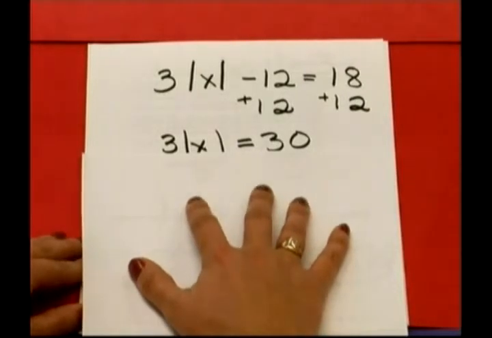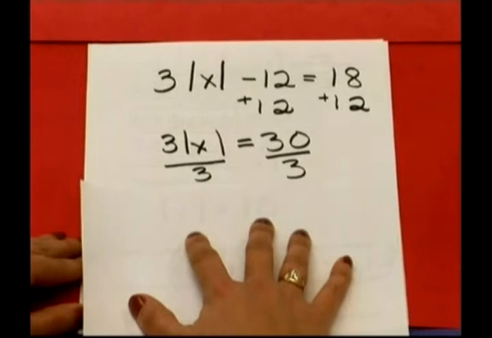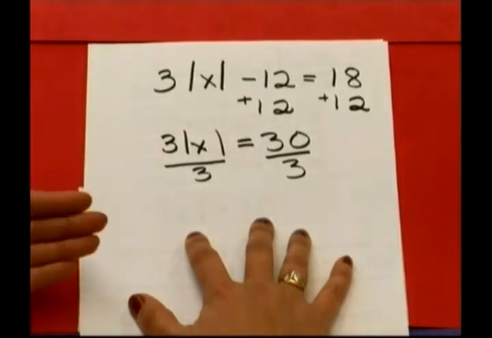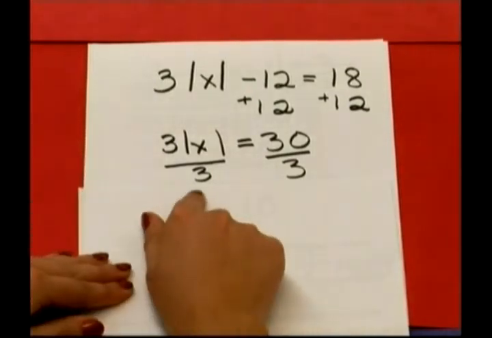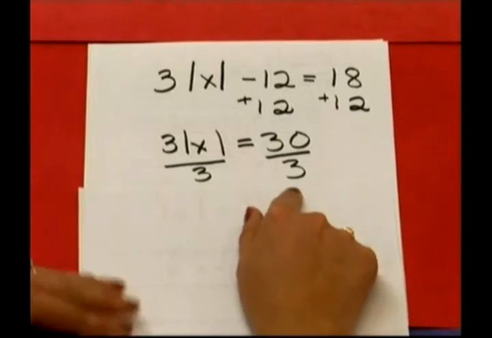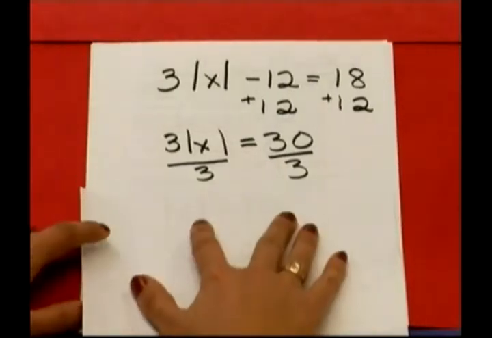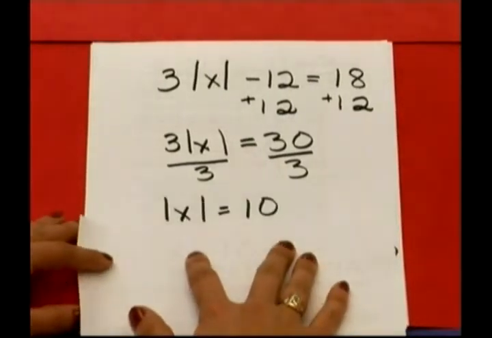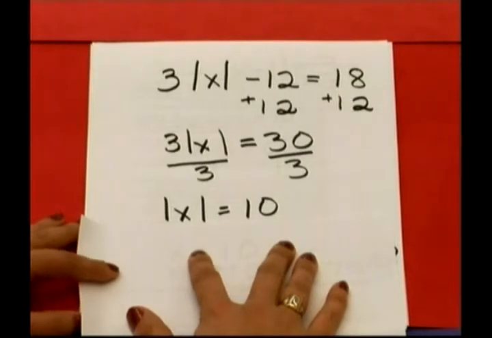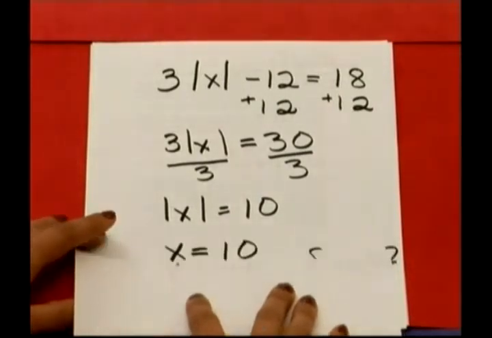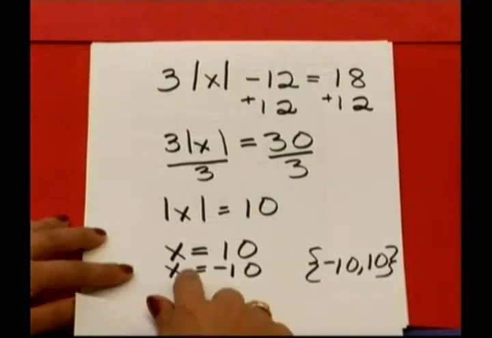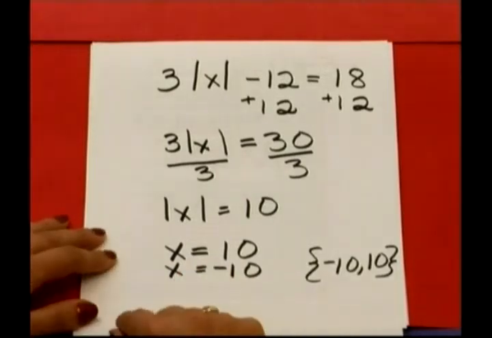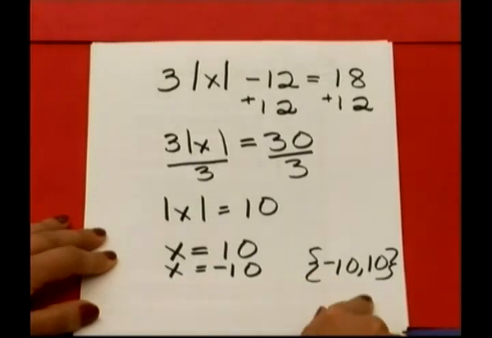Now we can divide each side by 3. Remember, we're still working to isolate that absolute value. What we do to one side, we do to the other. So we're left with the absolute value of x is equal to 10. Here's where we're going to have two cases. We're going to have x being equal to 10 and x being equal to -10. And this is how we're going to write the solution set.